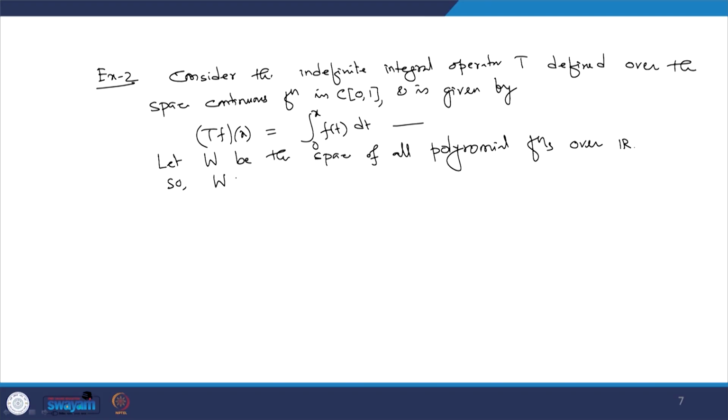So W will be a subset of C01. Not only a subset, it will also be a subspace of C01.